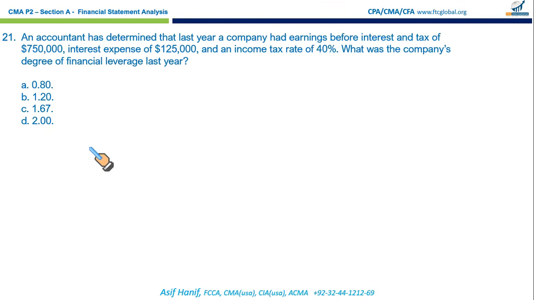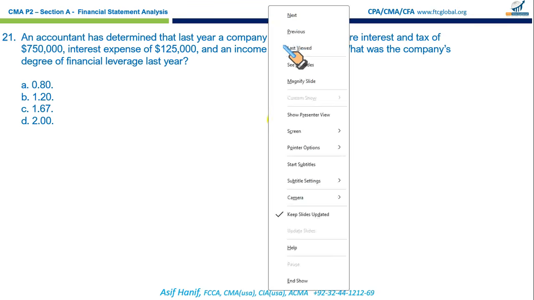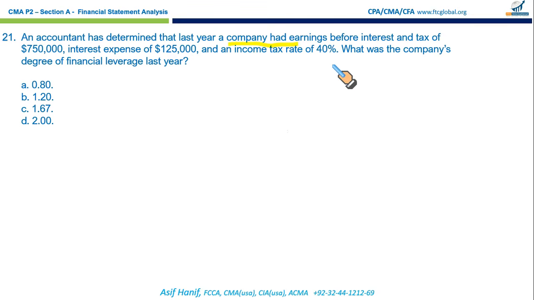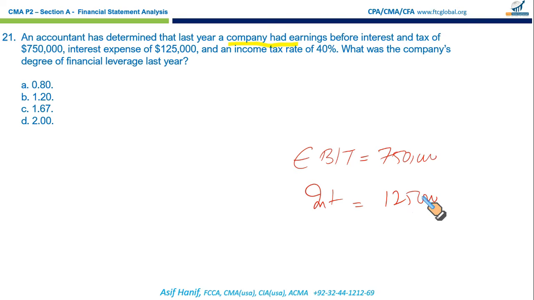Next, an accountant has determined that last year the company had earning before interest and tax of $750,000. And interest expense was $125,000. What was the company's degree of financial leverage?